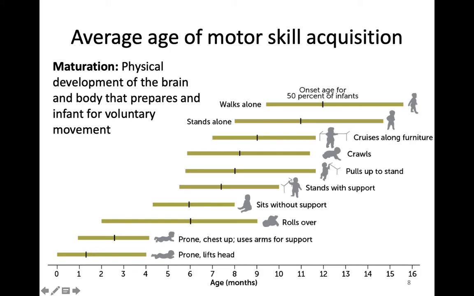So that's just one example of if you have parents that make sure that the child sleeps on their back, or they often will place them in a bouncer or a chair or something like that, and they don't give their child the ability to develop stomach muscles, sometimes the kid won't crawl. So it's a good example of how an environment and what is in that environment, namely choices made by a parent, affects motor skill acquisition.